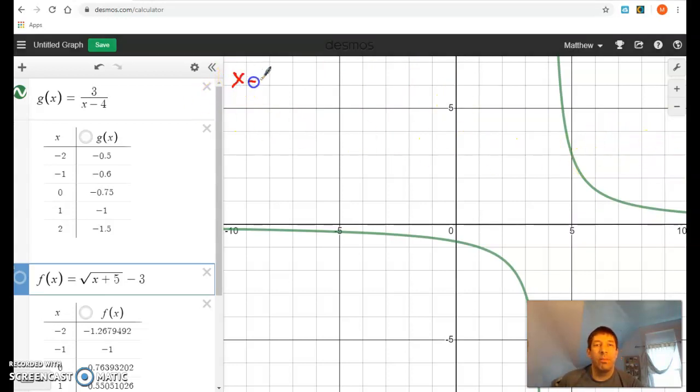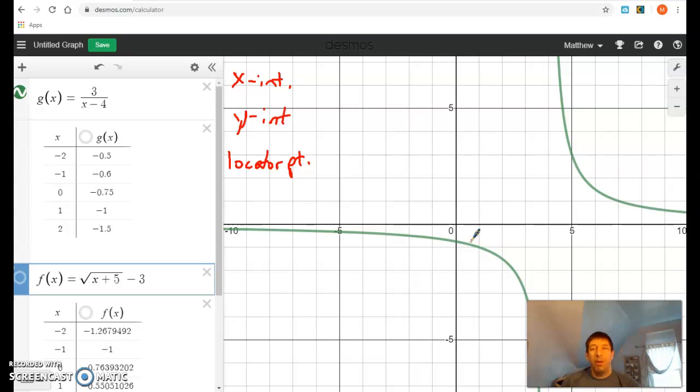So x-intercepts, y-intercepts, and locator point. And looking at this graph, we don't see any x-intercepts. Perhaps if we zoomed out, maybe we'd be able to find some x-intercepts.